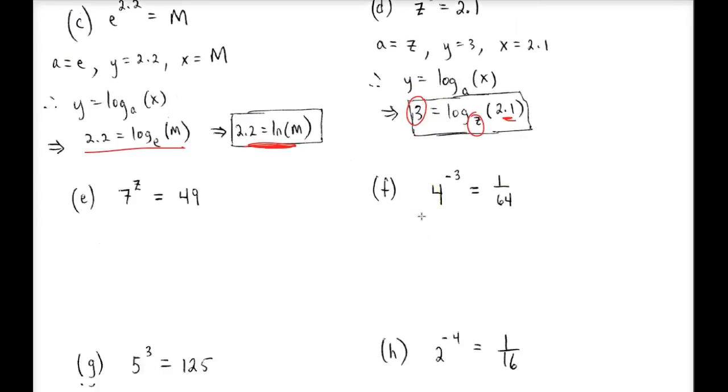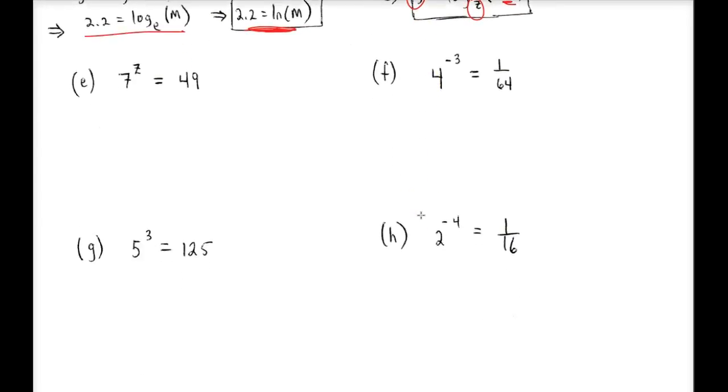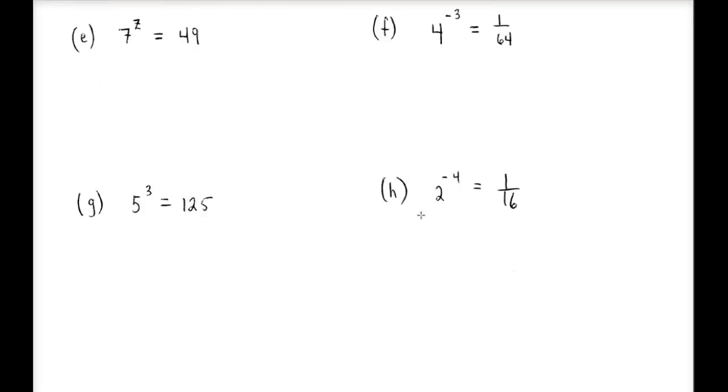So now we'll work on these 4 examples here to get some practice. Here we know that 7 is the base, Z is the exponent, and 49 is going to be what's on the inside there.